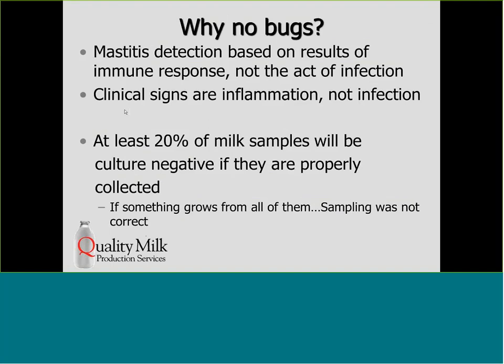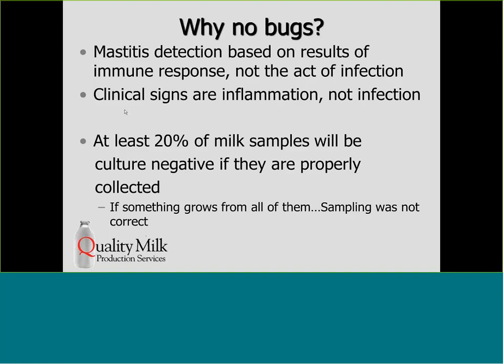The active infection could have happened 12 hours ago, 24 hours ago, a week ago. We don't really know when the bacteria actually crawled up through the teat sphincter into that teat and colonized that secretory epithelium. Right? Clinical signs are inflammation, not infection.